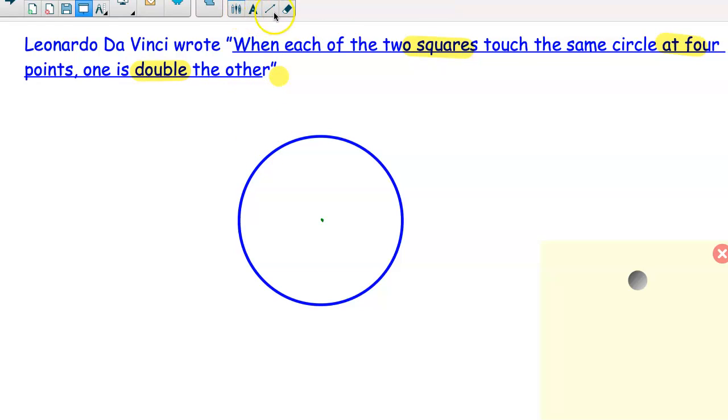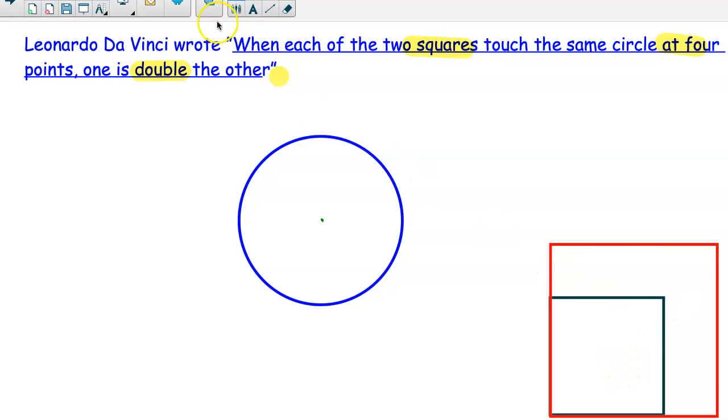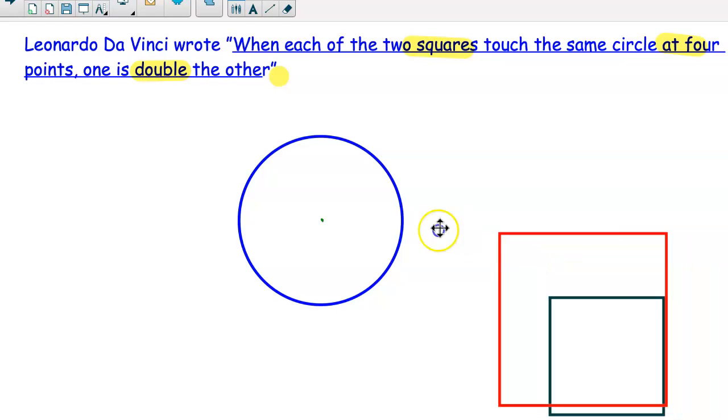So you can take a minute, pause this video and try to figure it out, and after that you can come back and see. So let us look at the question now. We have a circle and then I got one square here.